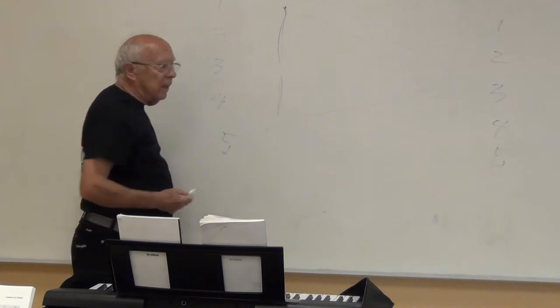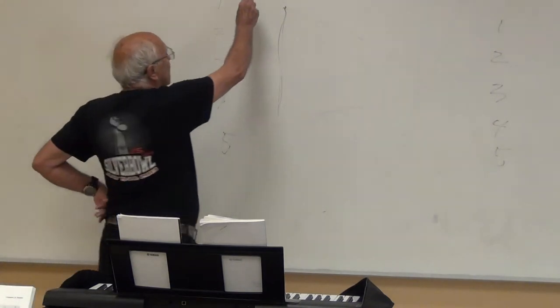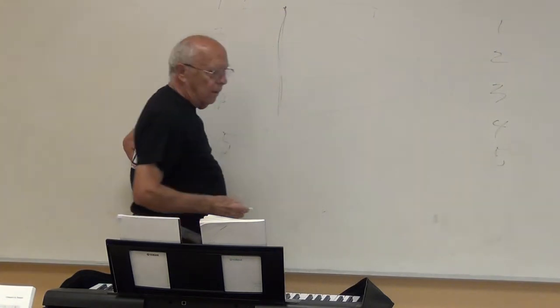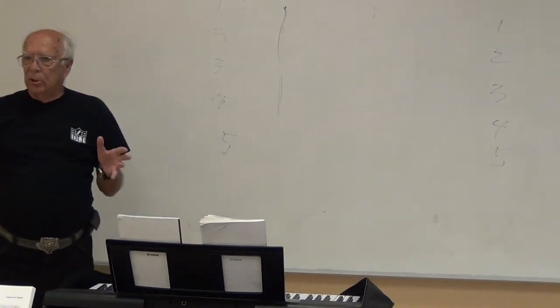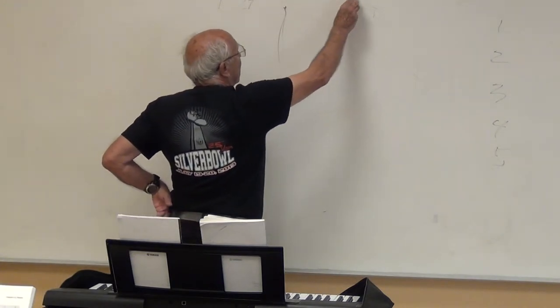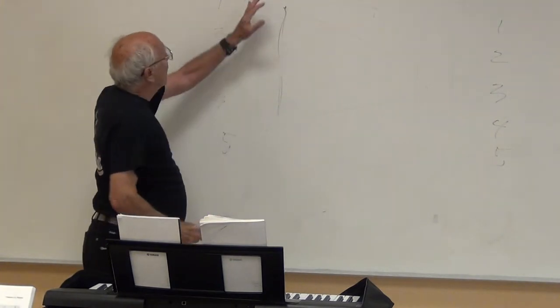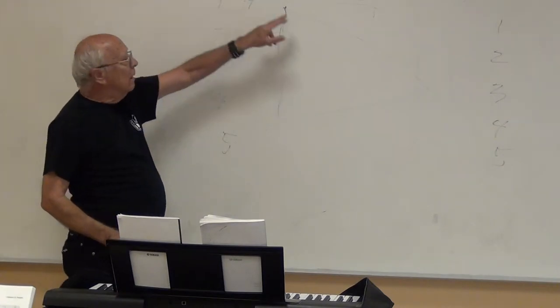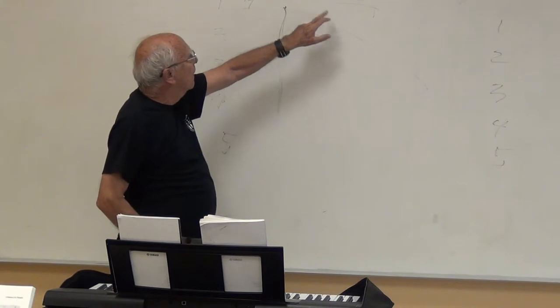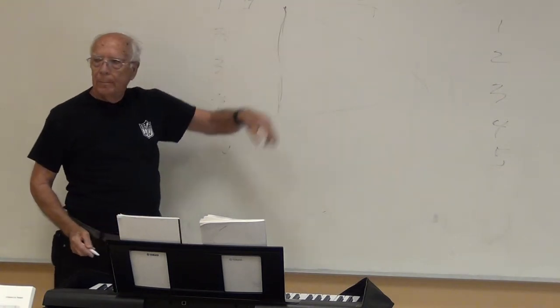Now, the idiosyncrasy is up here at the top. And like it or not, that's just the way it is. So this is F, C, G. F is 1 flat. G is 1 sharp. C is in the middle.